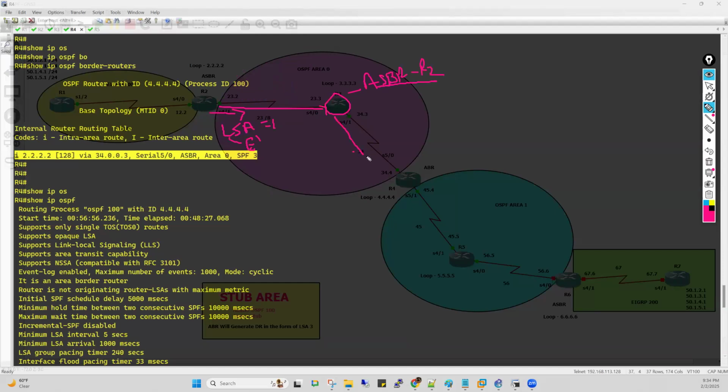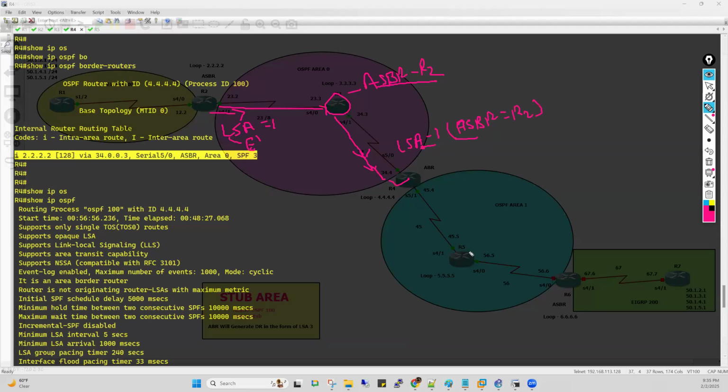This router forwards LSA number 1 to this router. This router also receives LSA number 1, and with the help of this LSA number 1, this router will know who the ASBR is. R2 is the ASBR. Agree? Does anyone have any doubt till now? Now my question is, this router knows who the ASBR is.